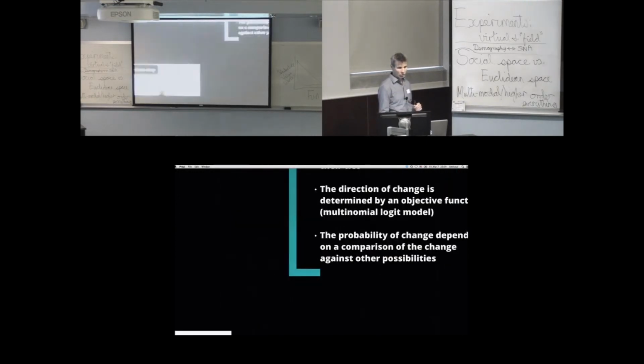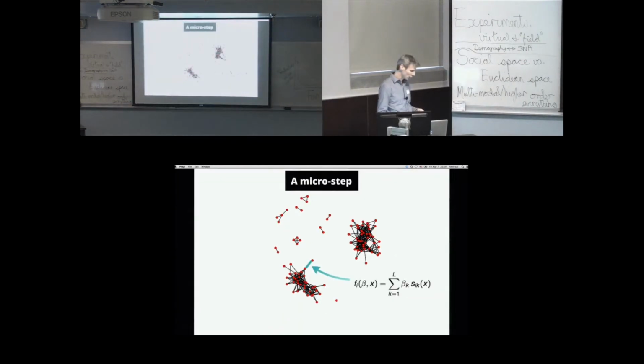So just to illustrate such microsteps, let's say that these two individuals were chosen, and now this is the objective function. S are the parameters, and beta are the coefficients. And basically, this individual and this one ask themselves, will the network be more attractive in terms of the model for me if I form a tie or not? So for example, if there's a tendency to be an isolate in a network, it may not be attractive for this one to form a tie.